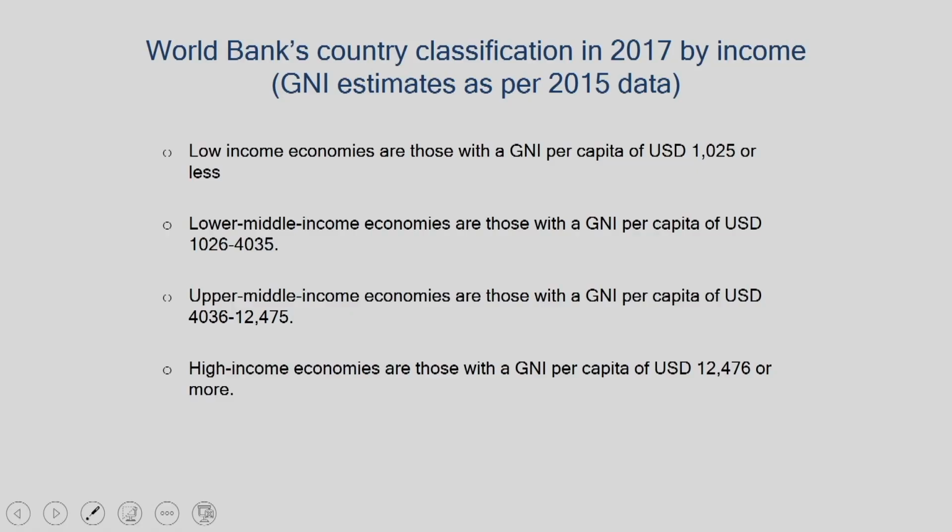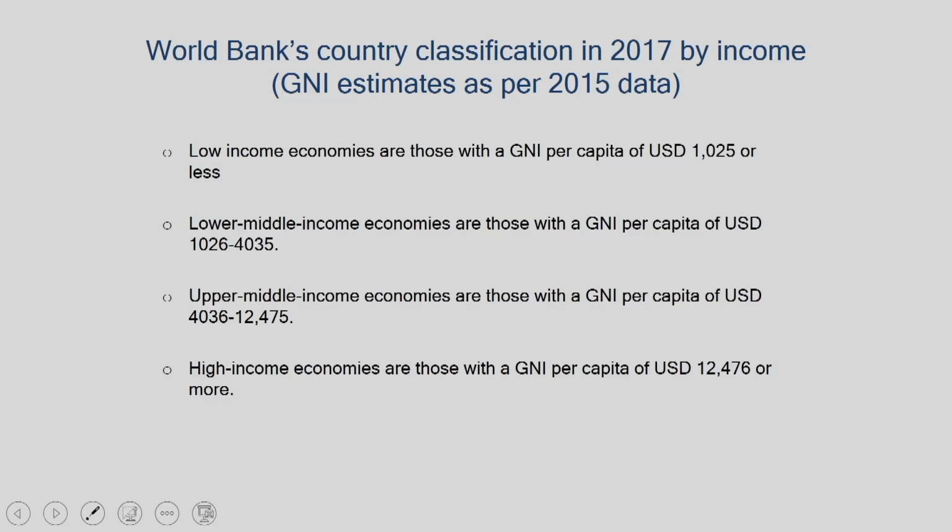And the World Bank, being a Bretton Woods institution and being at the helm of affairs as far as policies are concerned at the international level, its classification is widely used, and therefore I am introducing you to the World Bank country classification going by income. The World Bank comes up with a report called World Development Indicators.